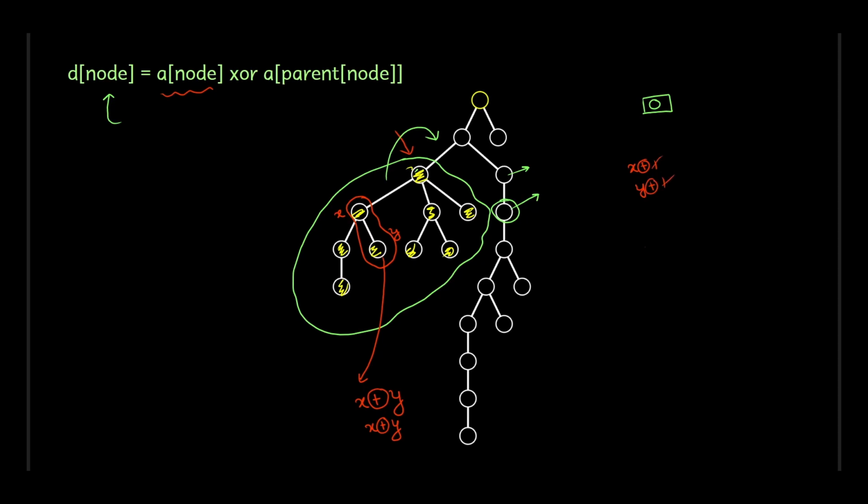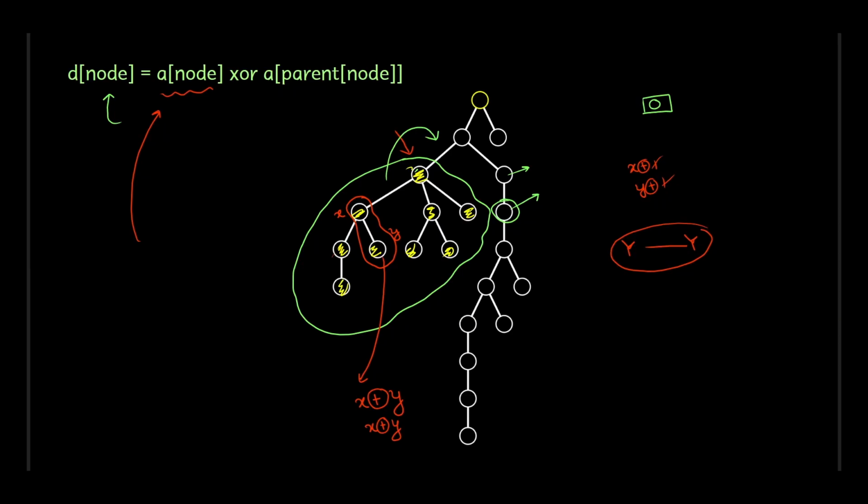So this means that if an edge has yellow nodes on both the sides, then its XOR will not change if you use this definition. And you can see that all the edges inside the subtree have yellow nodes on both the ends. So XOR for any of them will not change if you have this definition.